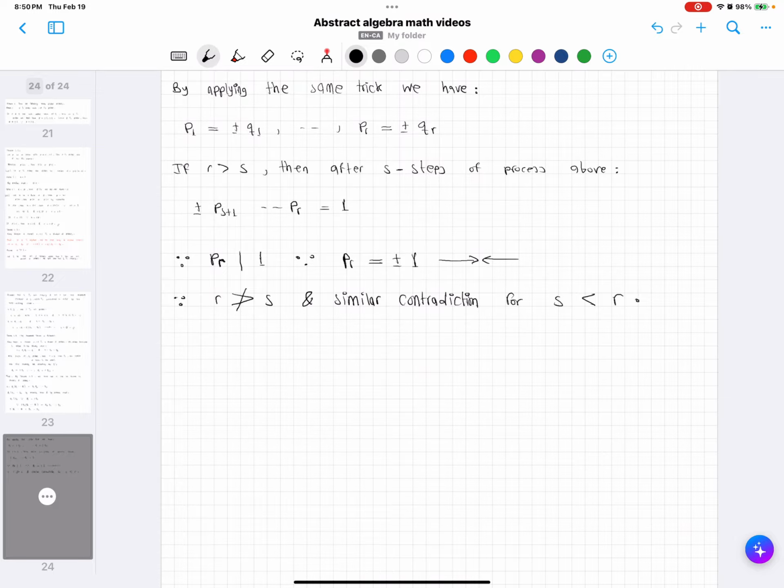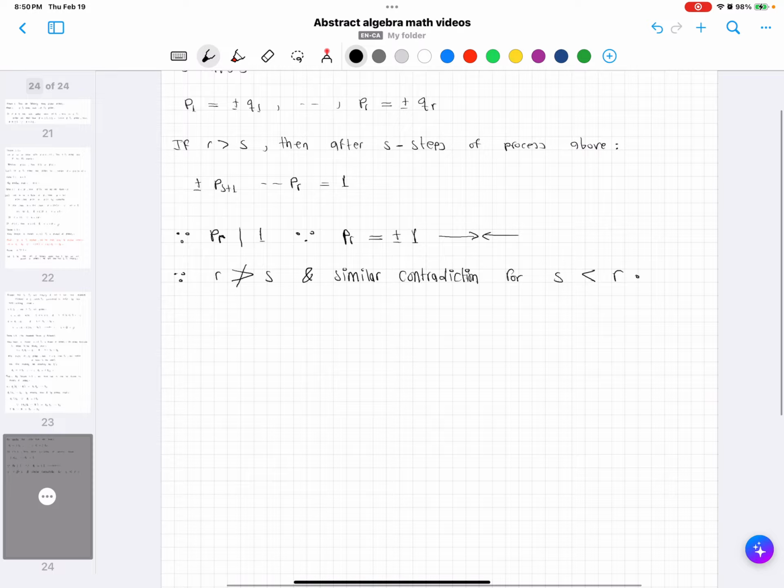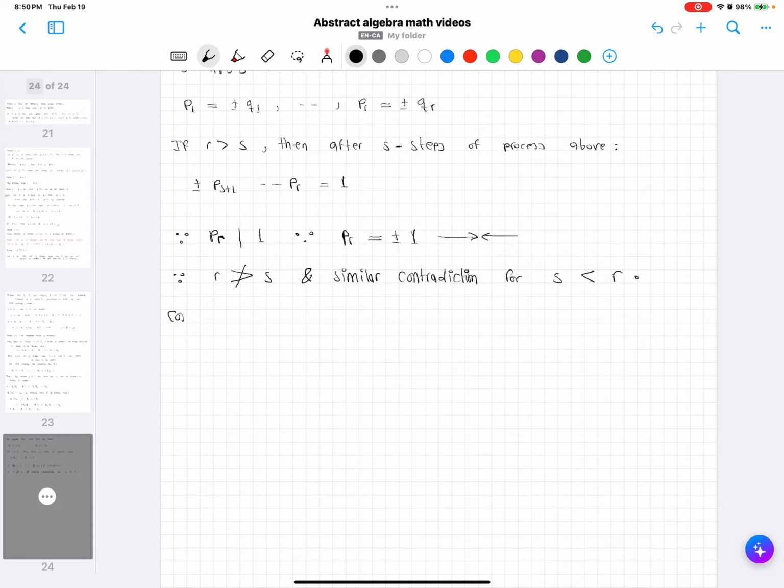Yeah, so let's show the following corollary. Corollary 1.9.